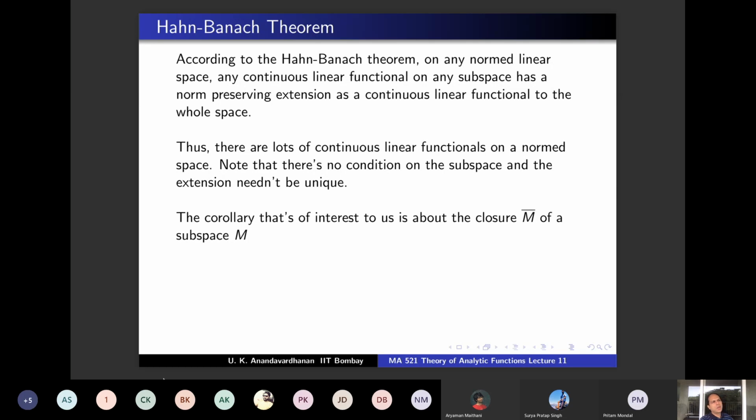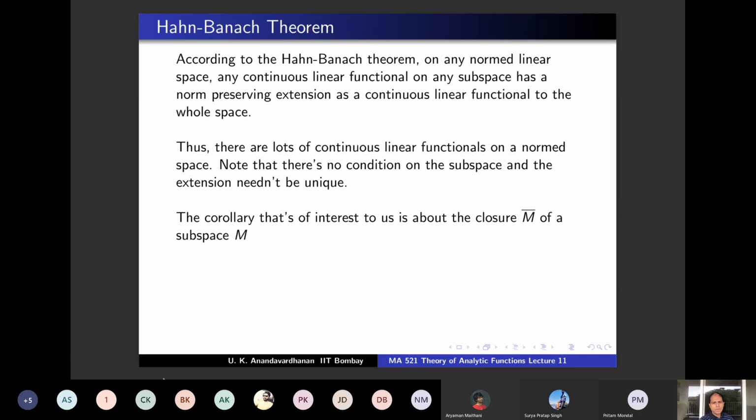What is bounded? The absolute value of L of x, which is a complex number, is less than or equal to some constant times the norm of x. Then it's called bounded. You can easily check that boundedness is the same as continuity. Continuity implies boundedness, boundedness implies continuity.